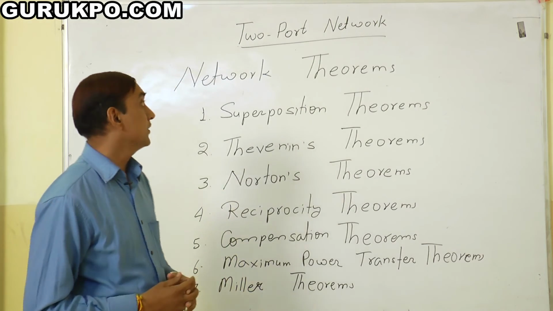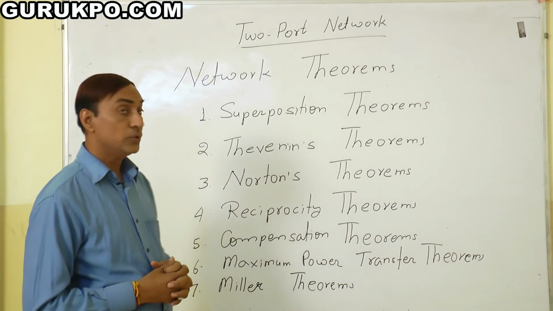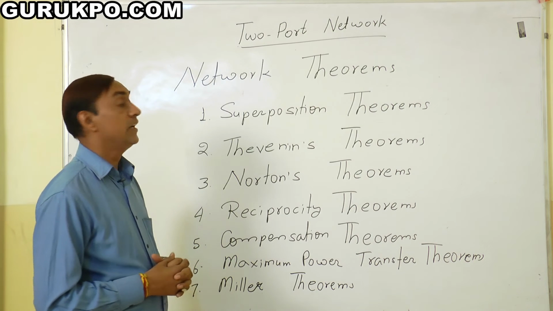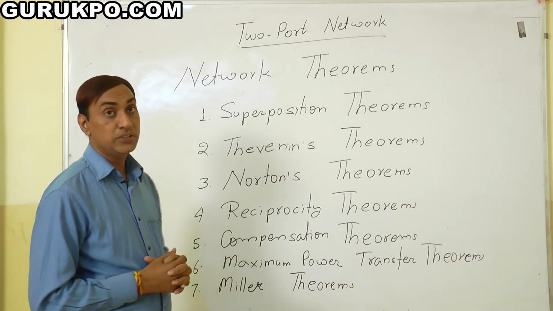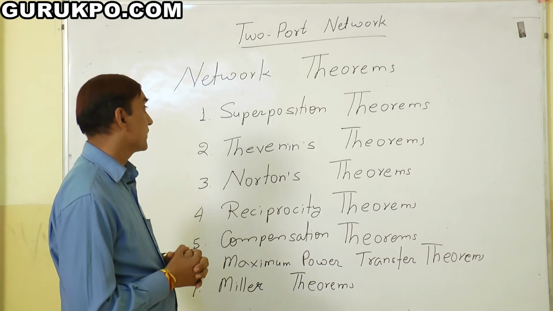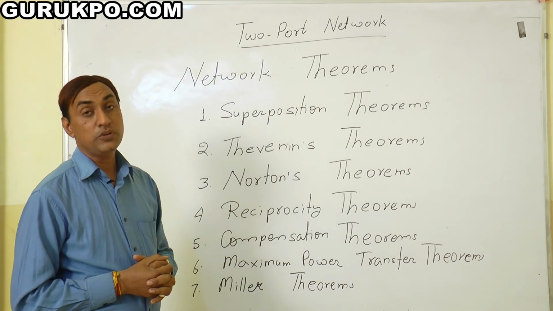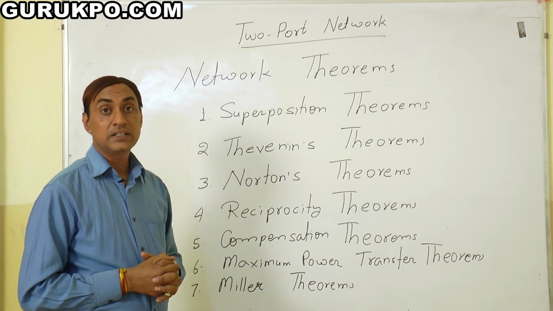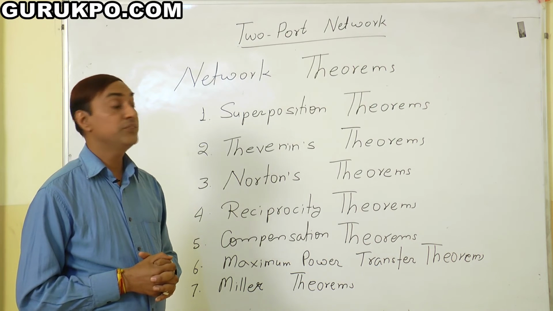Okay, now we are looking at some applications of two port networks. That's why we talk about network theorems. There are some theorems we use in any two port networks. Superposition theorem: this is also used in two port networks, where we get the Z parameters, Y parameters or H parameters very fast.